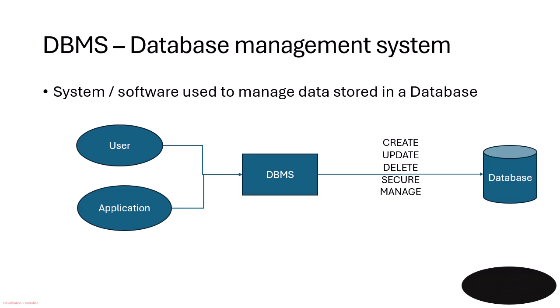We are talking about computer systems here. So when you say a database or DBMS, it has two parts to it. One is hardware. Of course, you need hardware to store your data, and another is software. So it is a software system.